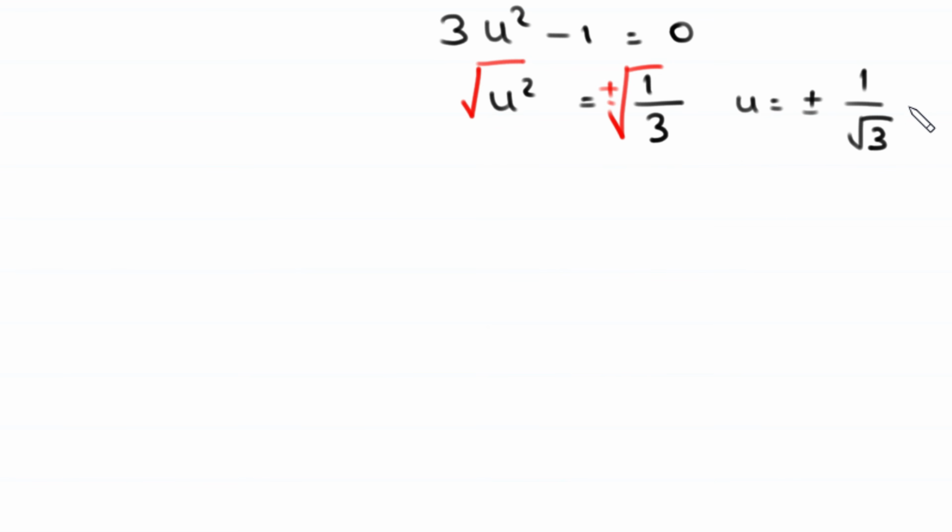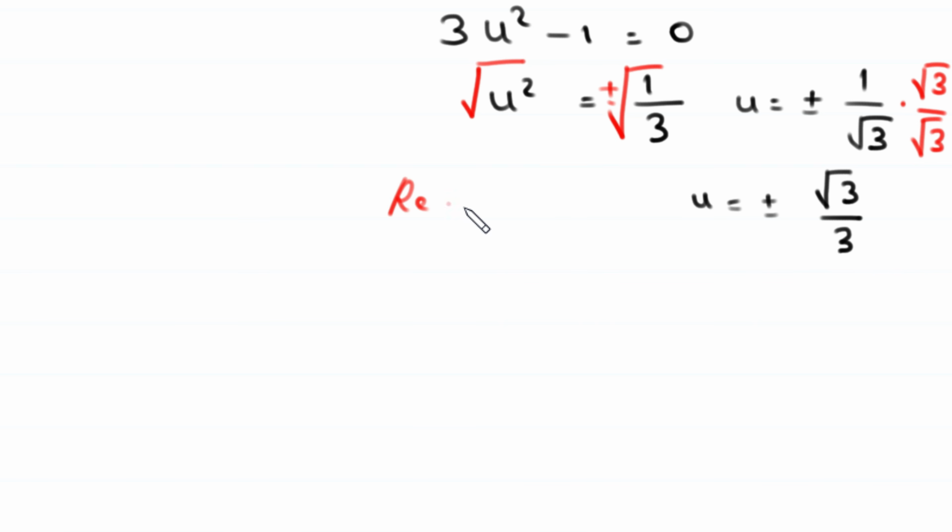To rationalize the denominator, we multiply and divide by root 3, so u equals plus or minus root 3 divided by 3.